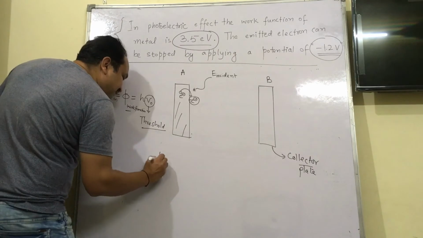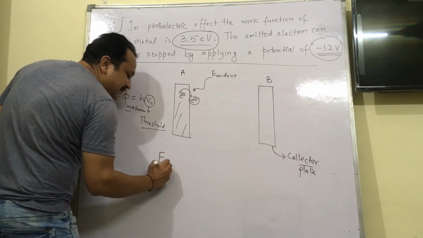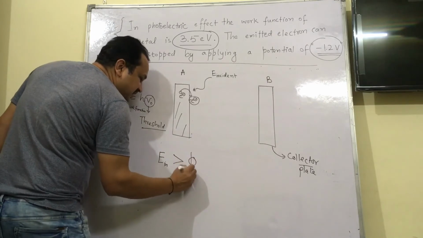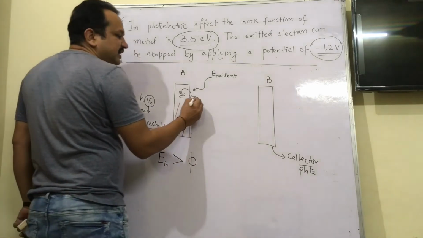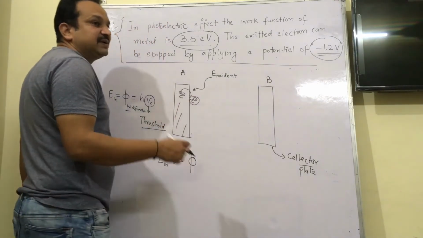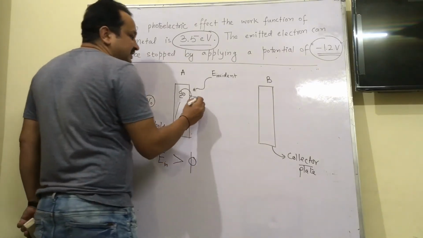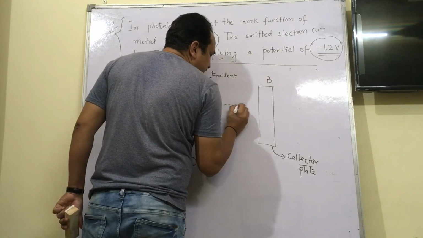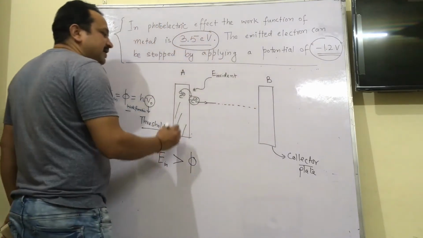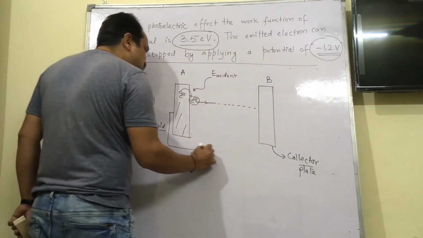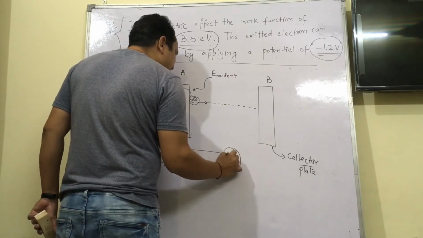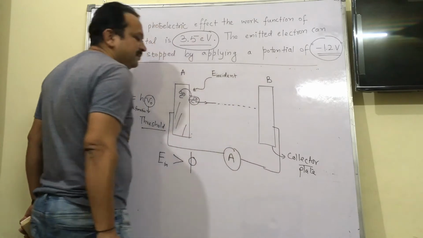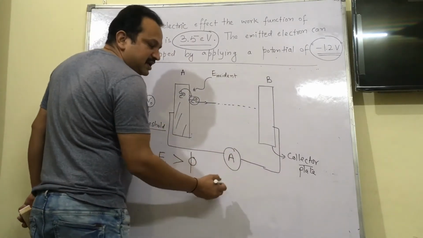Now, if the incident energy is greater than the work function, then definitely this electron will have some more energy, and this electron will accelerate towards this plate, and if I connect these two plates with an ammeter, then there will be a current flow.